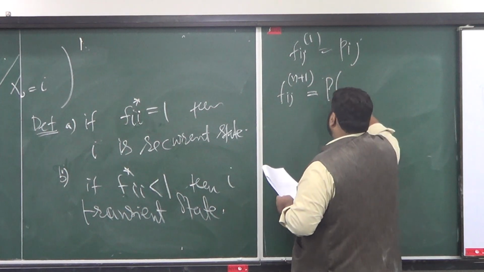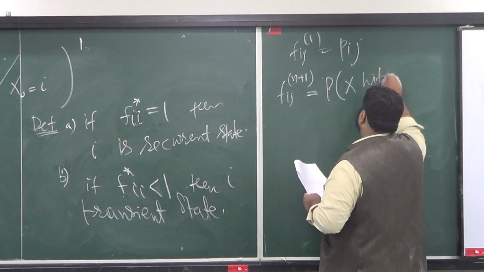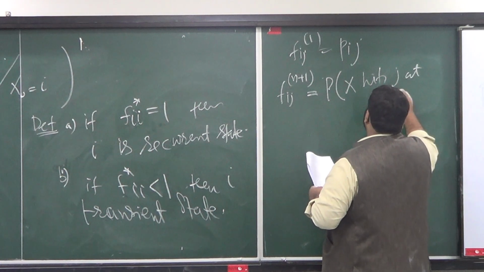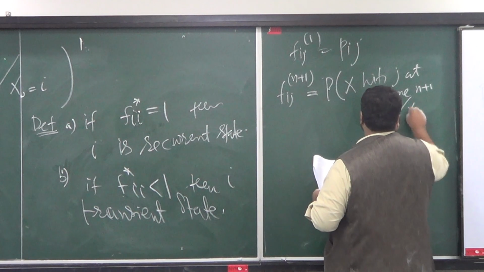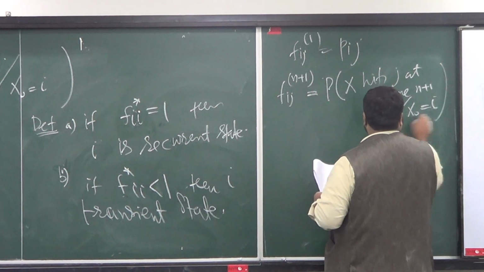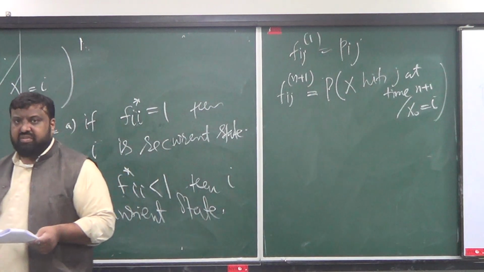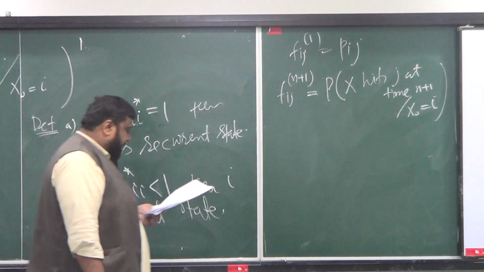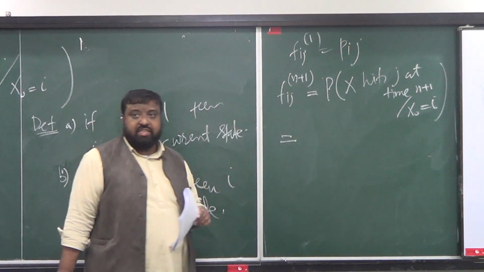So I can write the probability that the chain hits j at time n plus 1, given it was at i in the beginning. Okay? So we are assuming homogeneity for this. How can I write it explicitly?